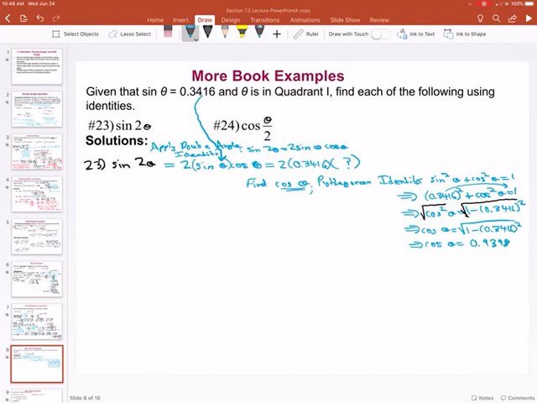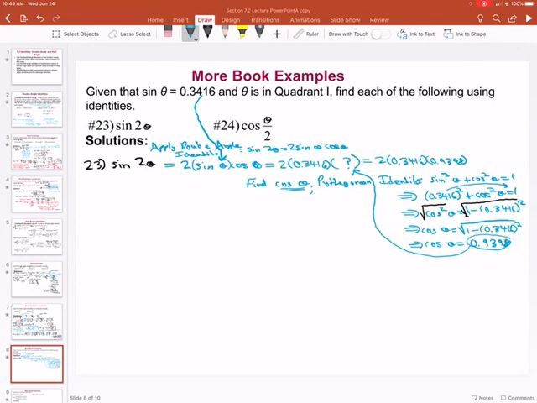All right, well now we're good to go. So now we can go right back, right? We've got our function value. We go right back to our identity. So this is equal to 2 times 0.3416 times 0.9398.